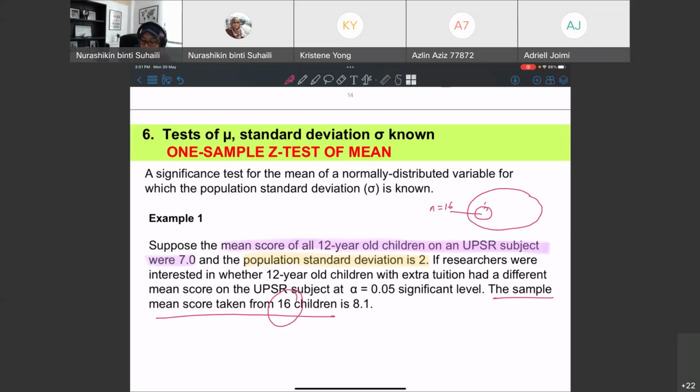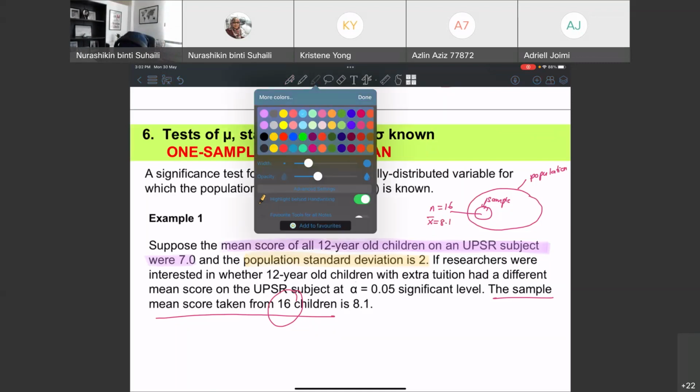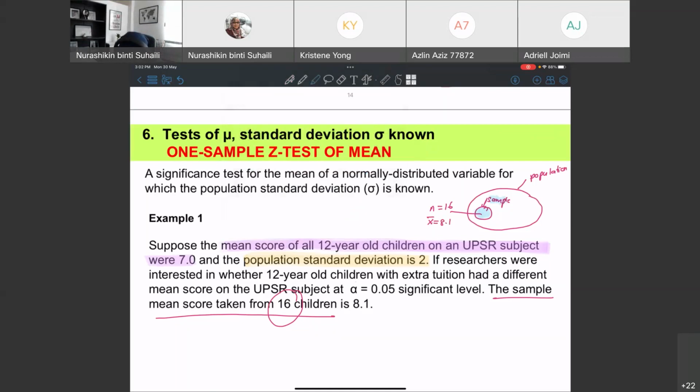That is the sample, and this is the population, right? And that's how you match the information. The sample mean score here is 8.1. This is referring to the sample, isn't it? So this is the information of the sample.